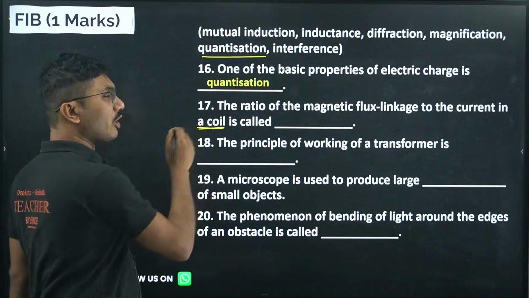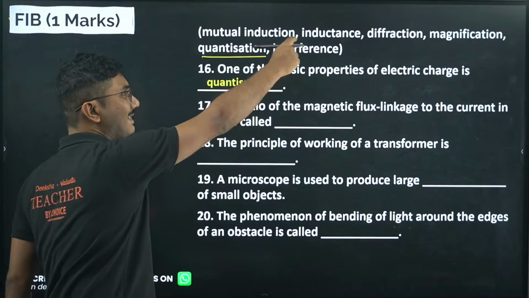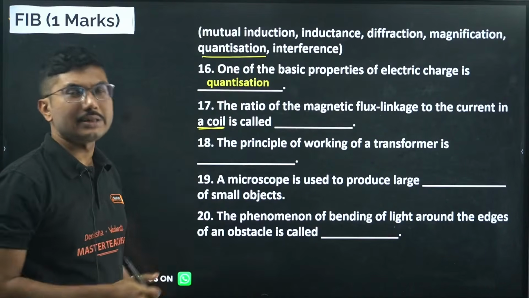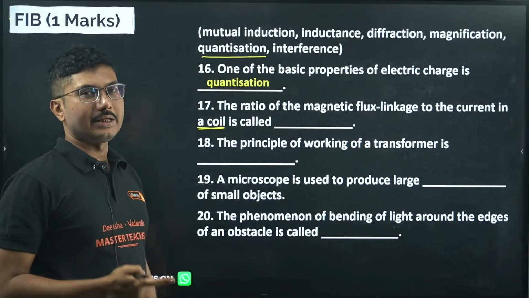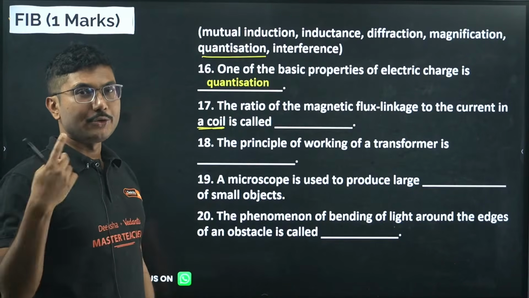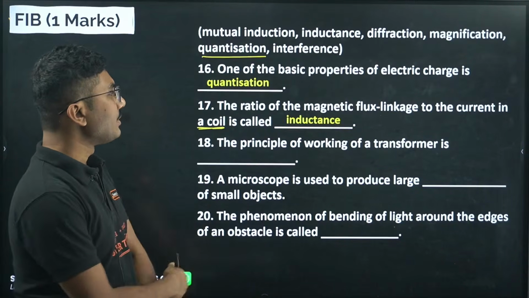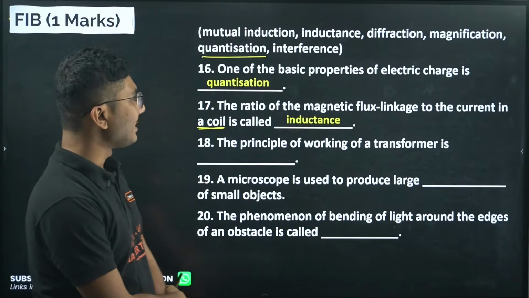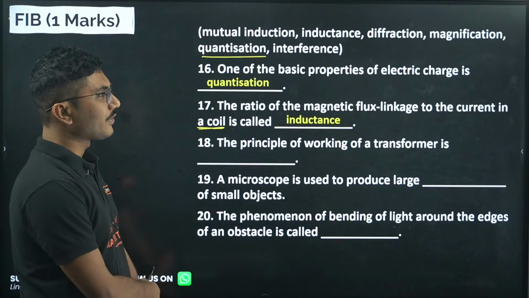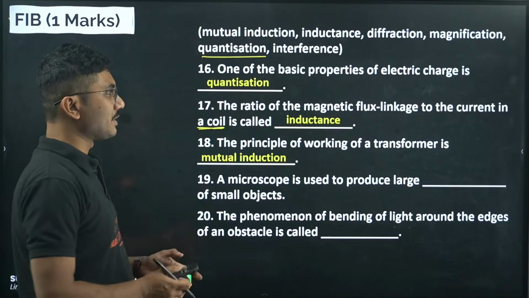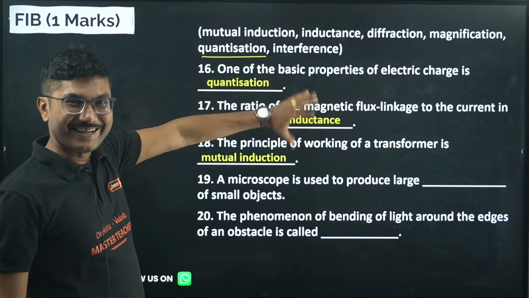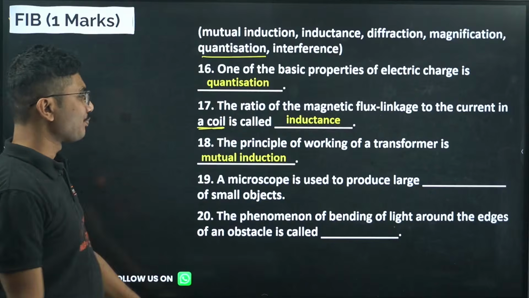So if there is only one coil, then it will be inductance. If it is between multiple coils, two coils, it is called mutual induction. One single coil is inductance, multiple coils is mutual induction. The principle of working of a transformer is mutual induction. So this is very tricky, both can be the answer.